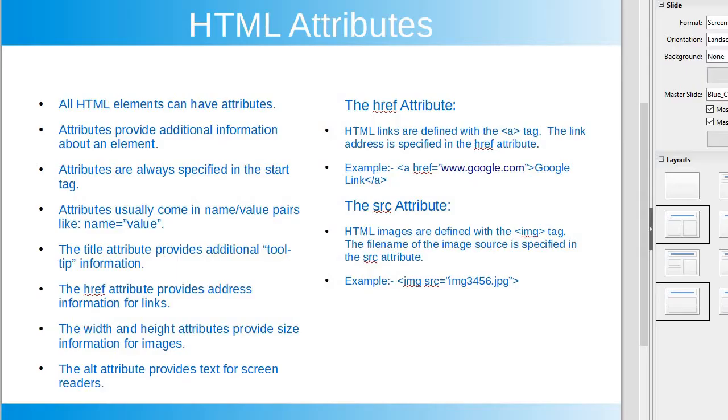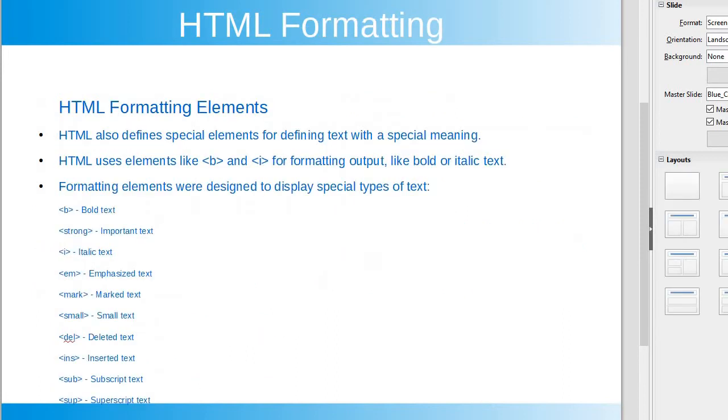Okay, so coming back to part 2, HTML formatting. HTML formatting elements. HTML also defines special elements for defining text with a special meaning. HTML uses elements like B and I for formatting output, like B for bold and I for italic.